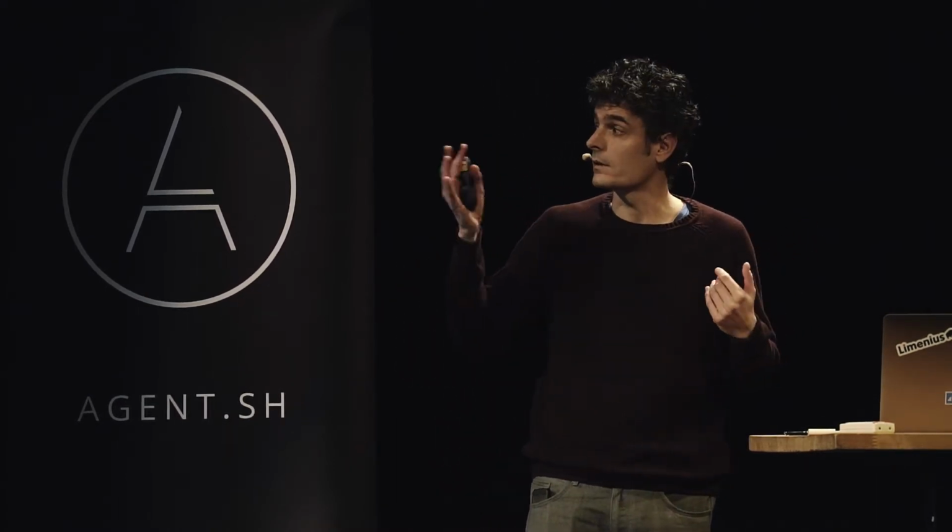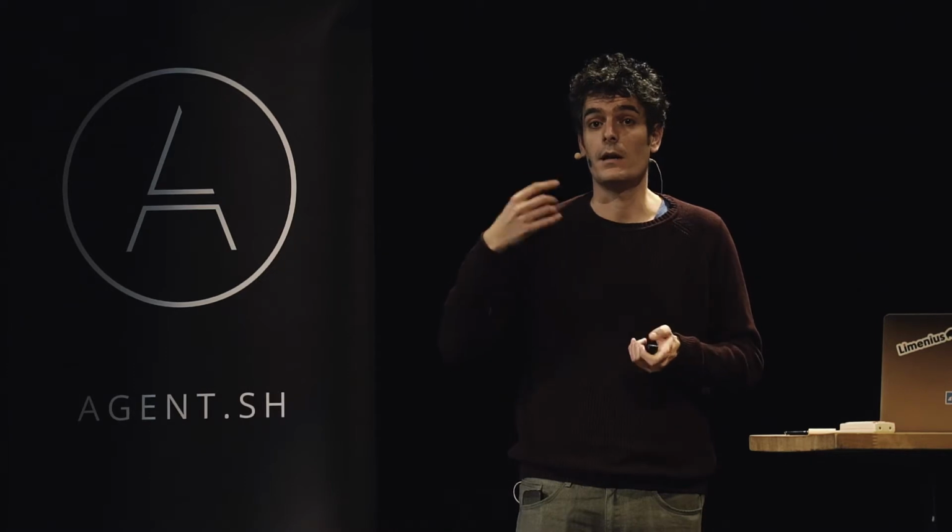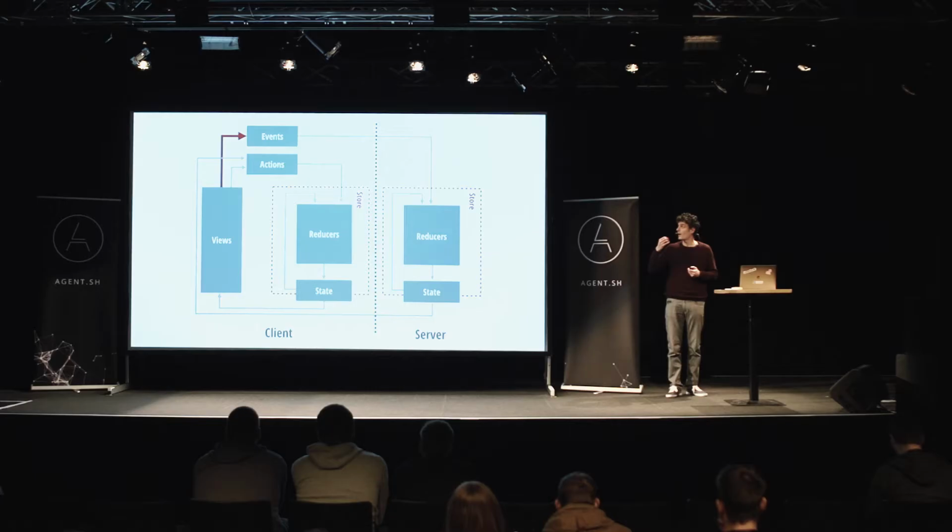So let's do these arrows, for instance, this one. We have a view, and then something happens, and then we produce an event. I have to say, in this case, we are doing a tic-tac-toe game, which I think is the simplest thing to showcase this problem.